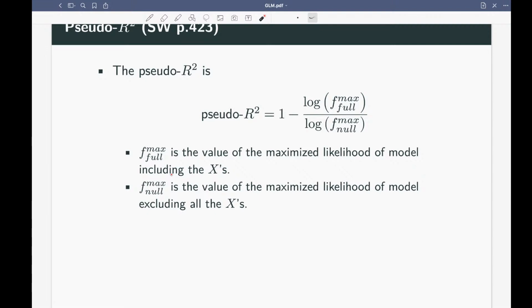Pseudo R-squared is defined as 1 minus the ratio where the numerator is the log likelihood of the full model, which means including all the x we want to use.